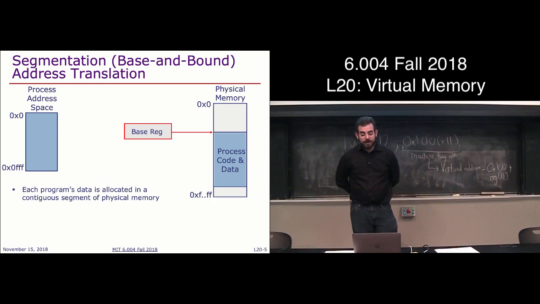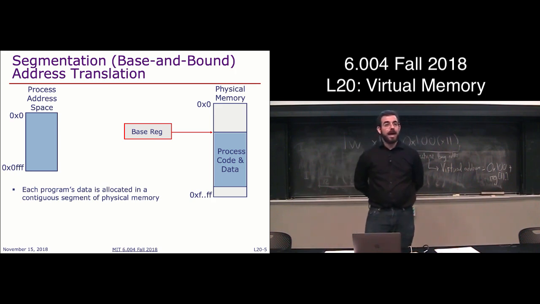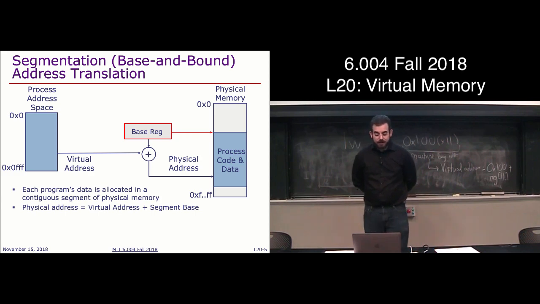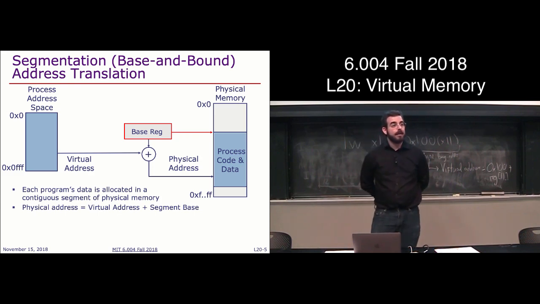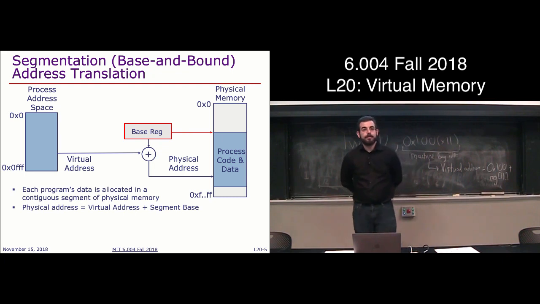And so what we do is introduce a base register in the CPU, and then we compute the physical address by adding the contents of that base register and the virtual address, right? So some address over here is going to map to the same offset. If you start counting from 0, it will be the same distance. But the actual physical address will be computed by adding the contents of this base register.